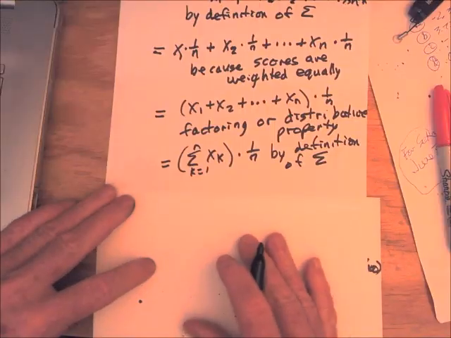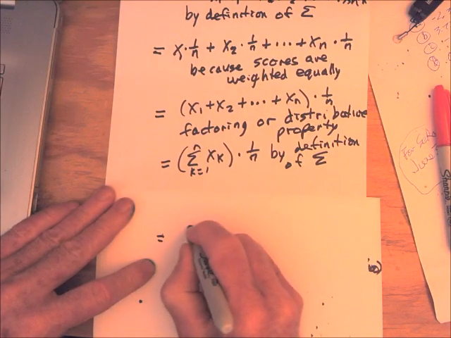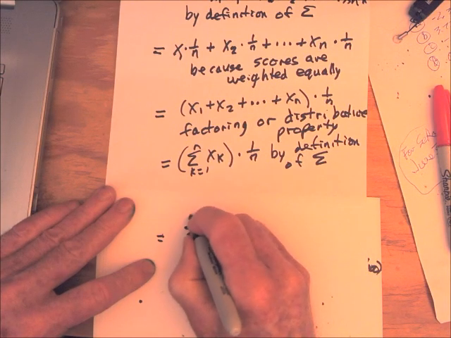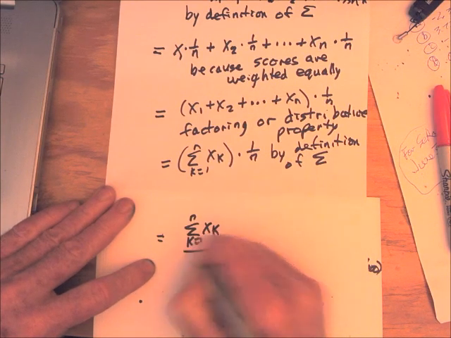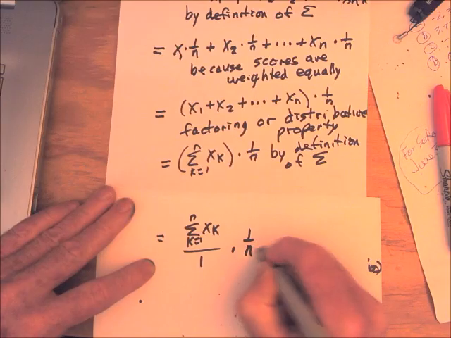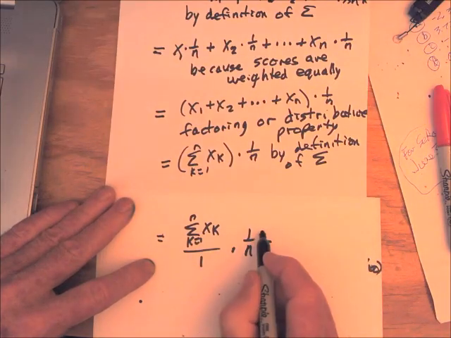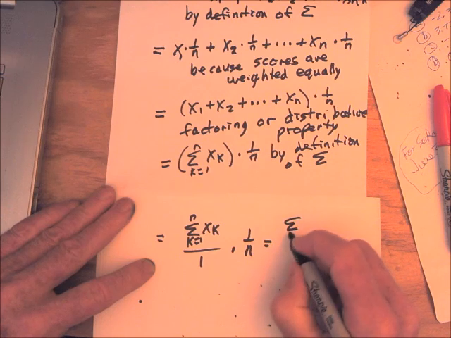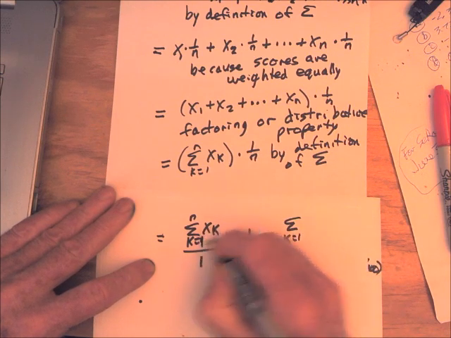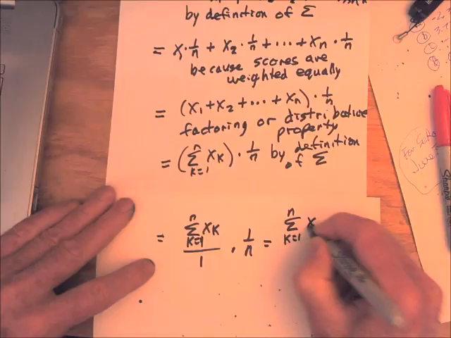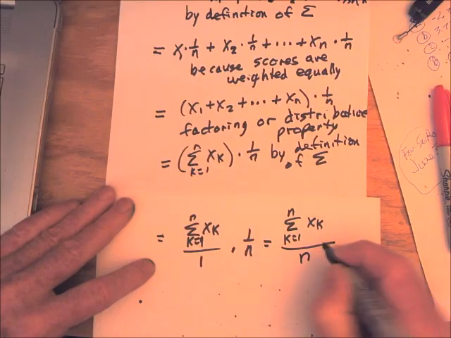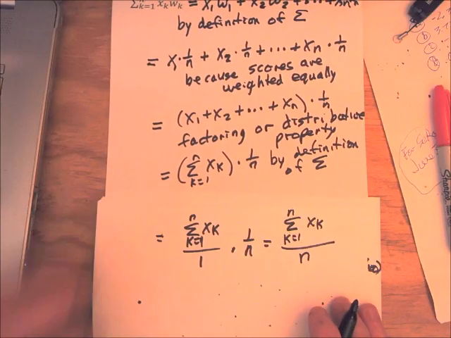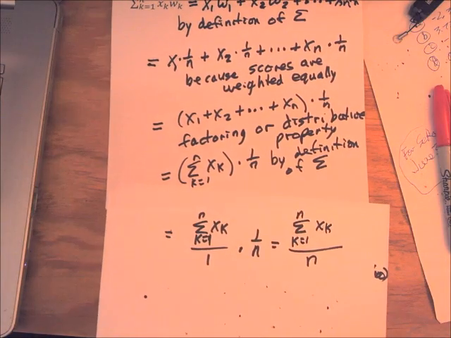We can make any expression into a fraction by putting it over 1. And then the way you multiply fractions, you multiply the numerators, multiply the denominators separately. So this is the summation k equal 1 to n xk all over n, which is the regular mean. So that finishes the proof. Okay, and that concludes this presentation.